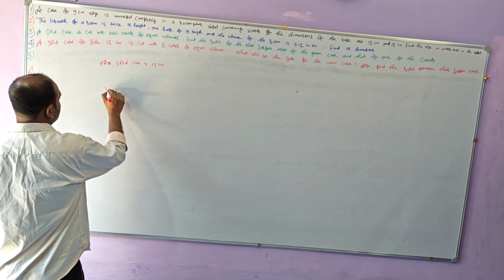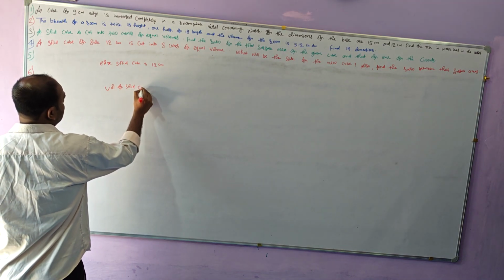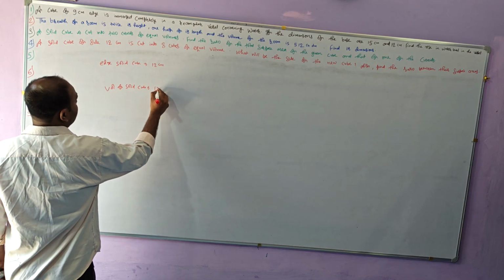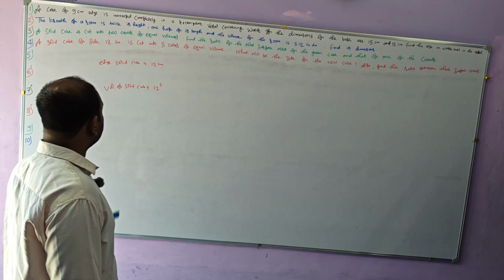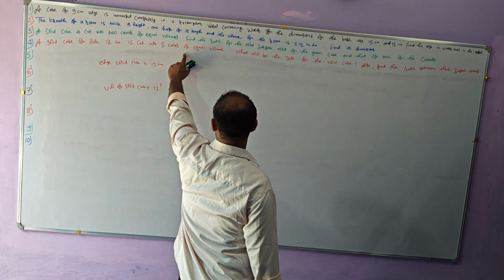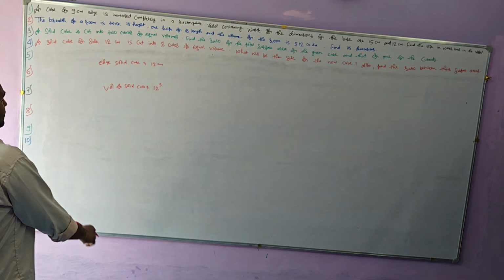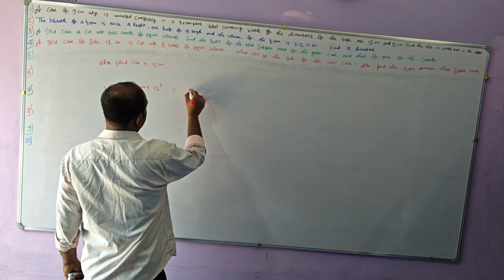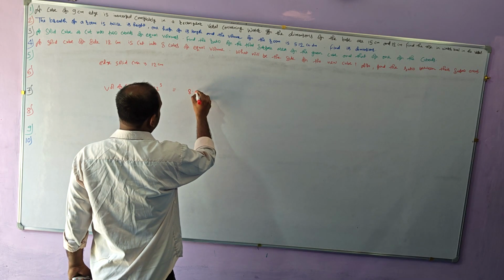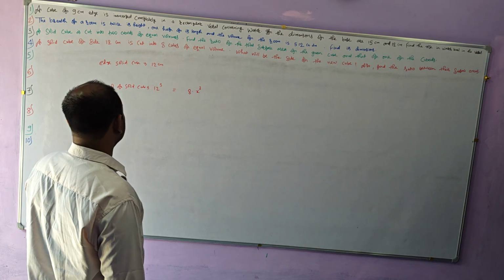So volume of solid cube is basically 12 cube, and from this we get 8 cubes of equal volume, that is also equal to 8 into, suppose the volume of 1 cube is x cube.